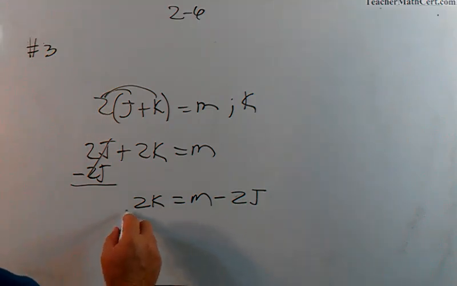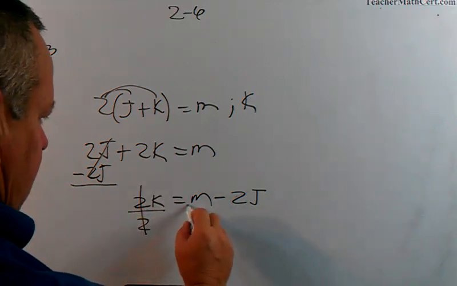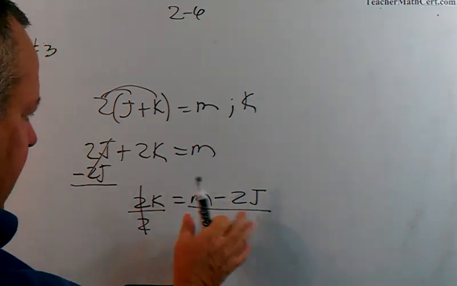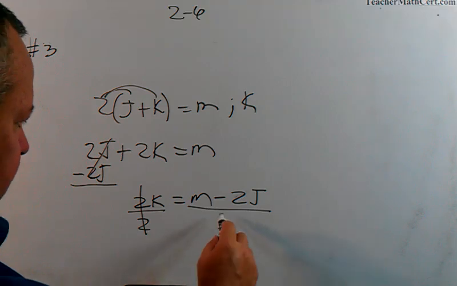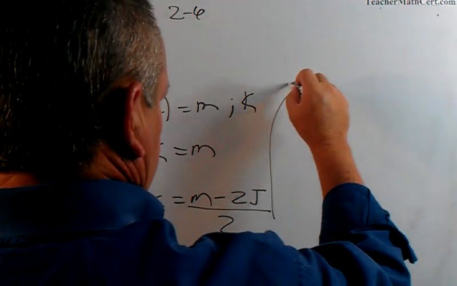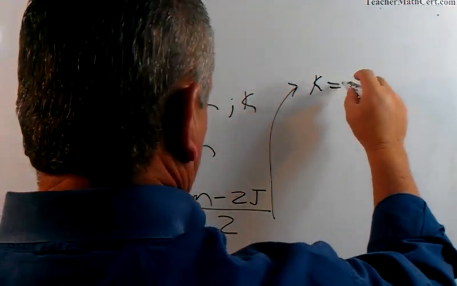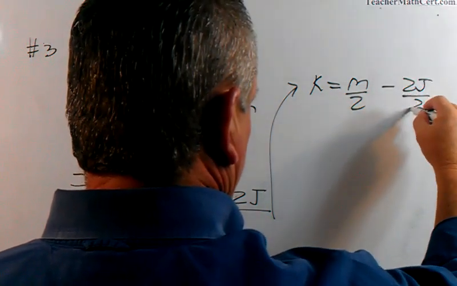Need to solve for K, so what do we got to do? We've got to get rid of the 2. Divide both sides by 2. This is the whole side now, right? We can't just put it under one variable. We have to put it under both. This can also be written as K is equal to M over 2 minus 2J over 2.